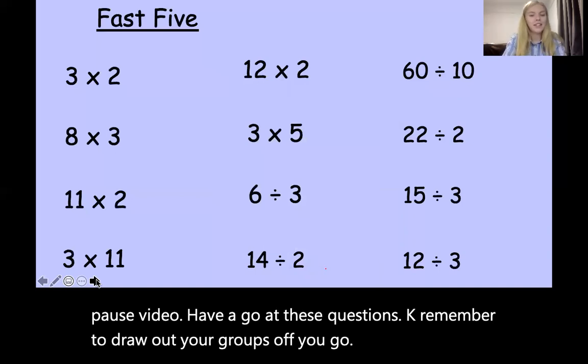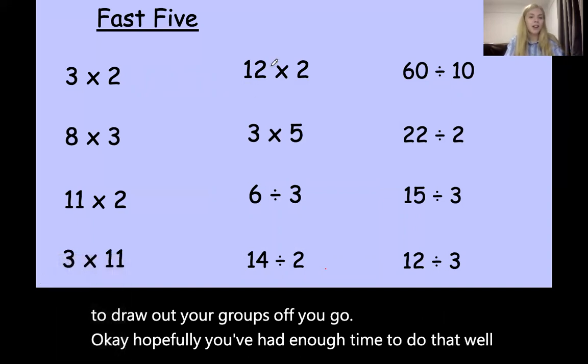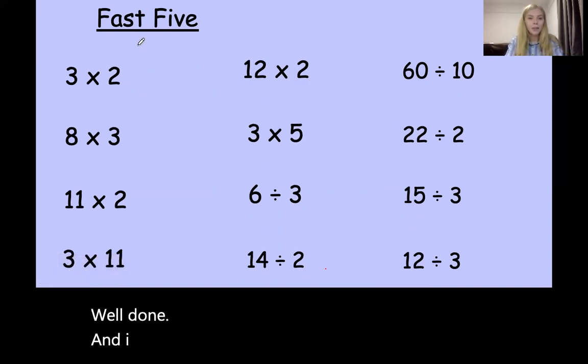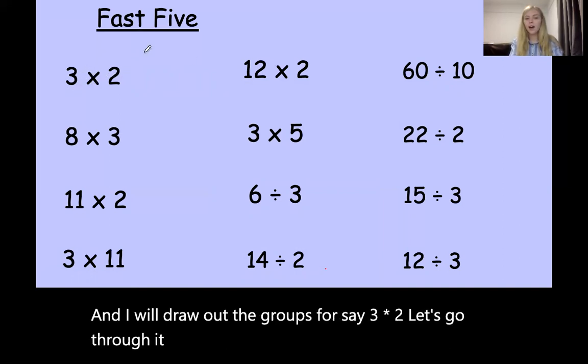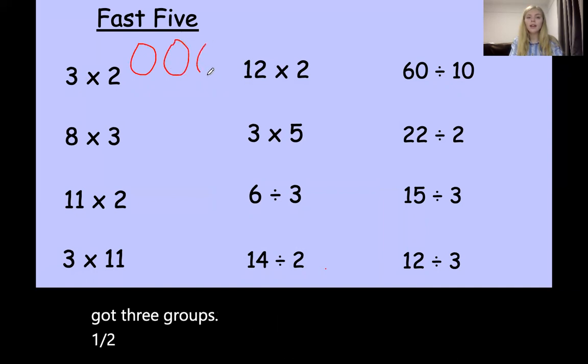Okay, hopefully you've had enough time to do that. Well done. And I will draw out the groups for 3 times 2. Let's go through it together. So we draw out our groups. We've got 3 groups: 1, 2, 3.